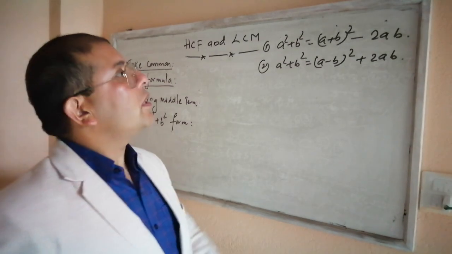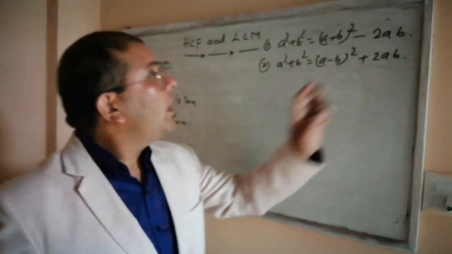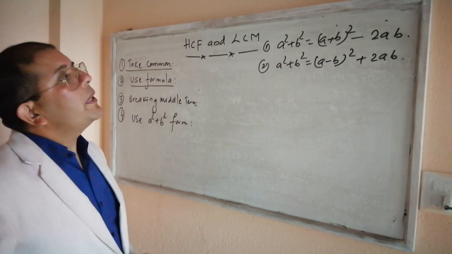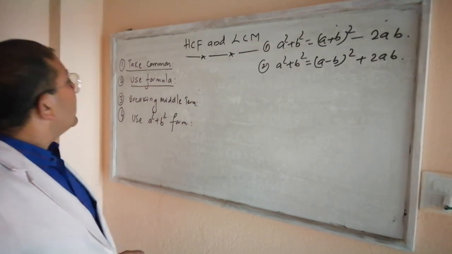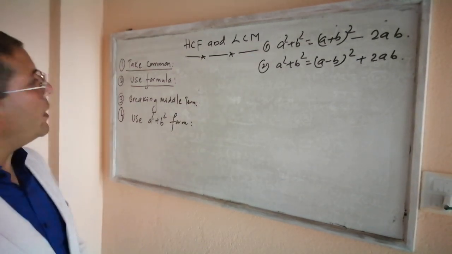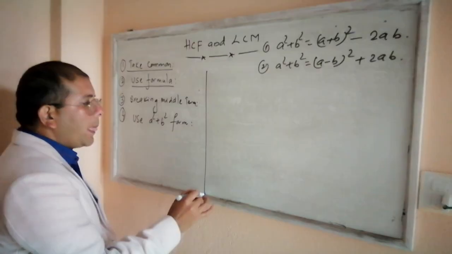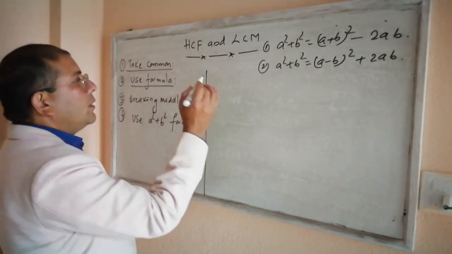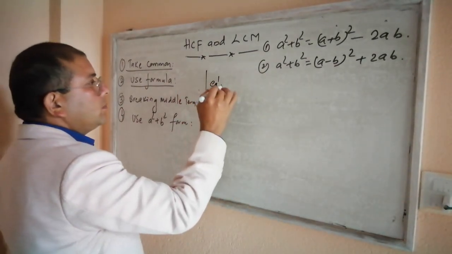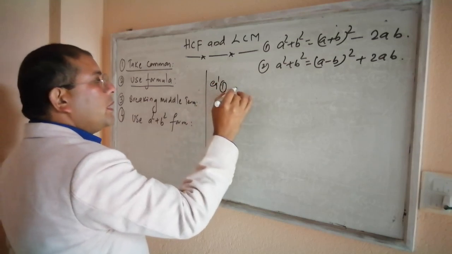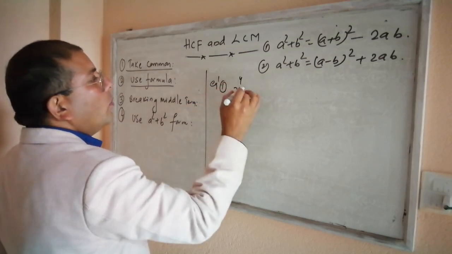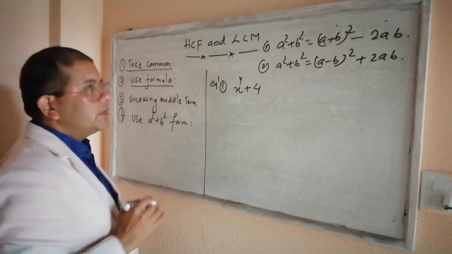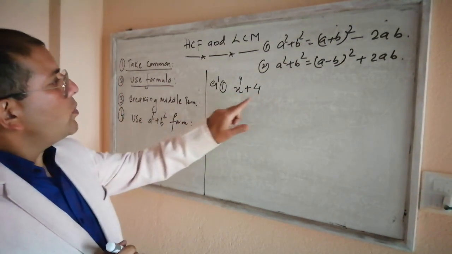You can use either this one or this one at your choice, but whichever method fits the question, you can select that. So if you have example number 1, suppose x power 4 plus 4. Now there are two terms.